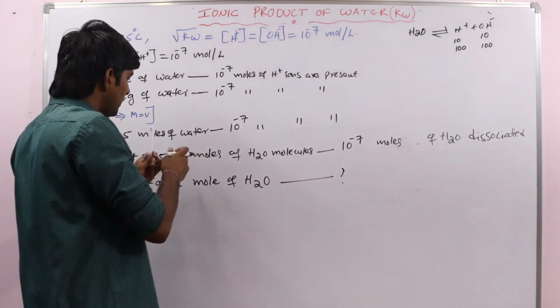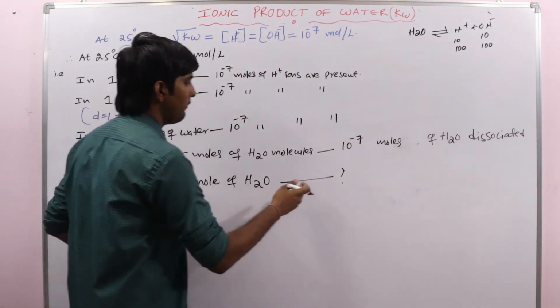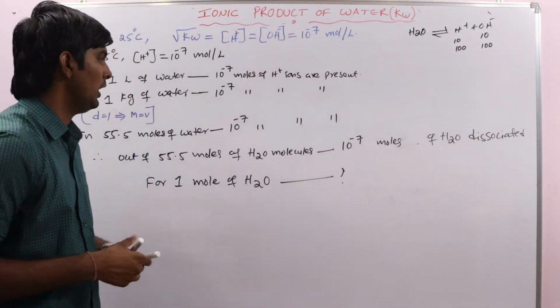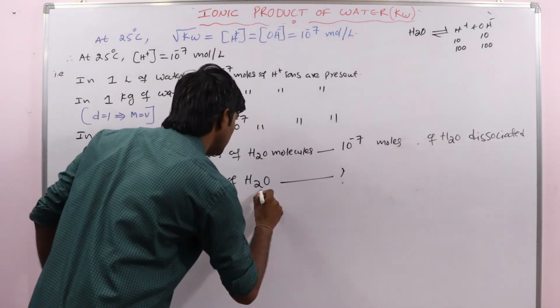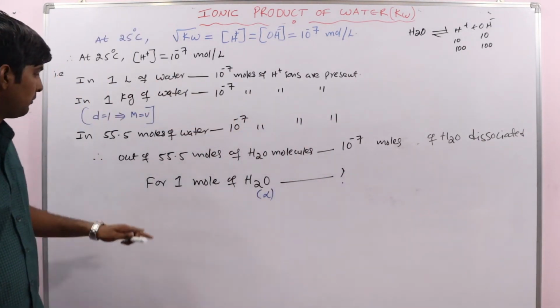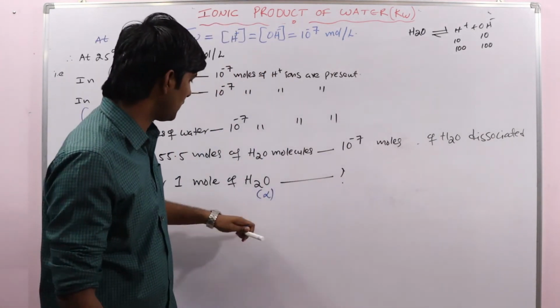How can we find this? We assume the number of moles of H2O dissociated per mole as alpha.